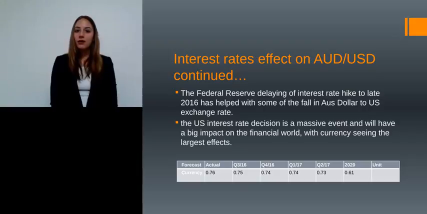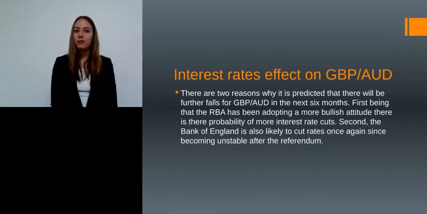It is likely that when interest rates are increased in the US, the pound will gain on the Aussie, as at the moment the Australian dollar has been benefiting as many investors worldwide wish to hold funds in AUD due to the high interest rates offered by the Aussie banks. Once rates increase in the US, we're expecting the pound to gain value on the AUD as deposits will likely switch from AUD to US dollar, which will weaken the AUD.